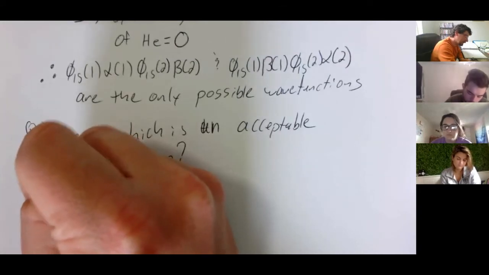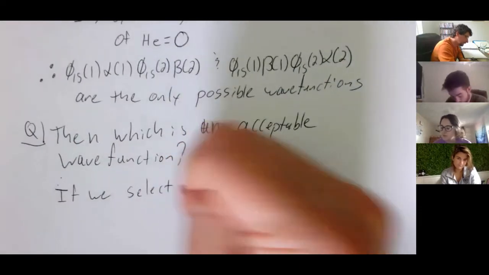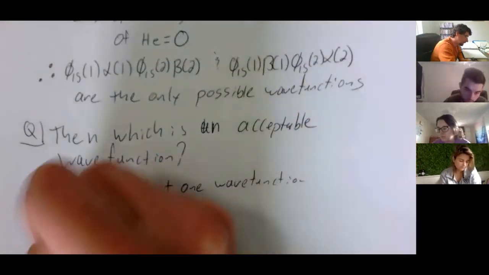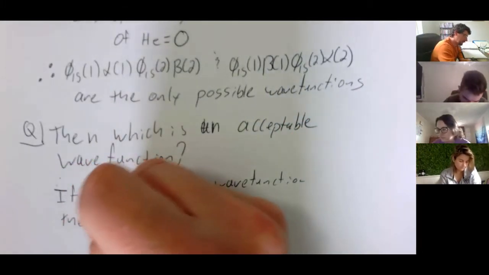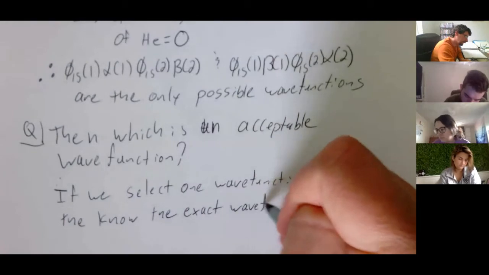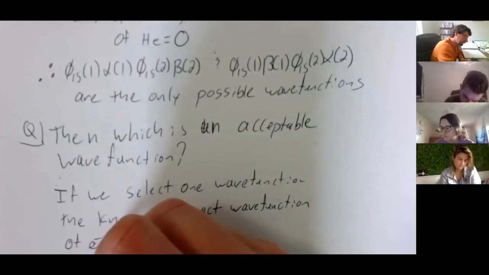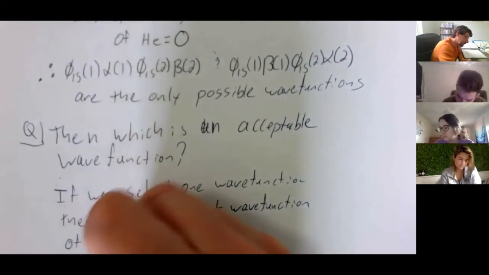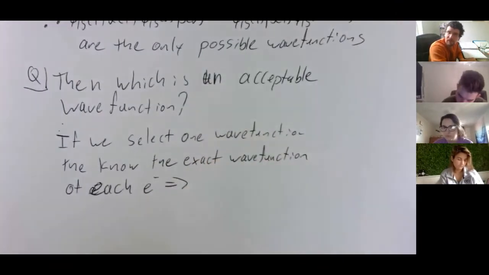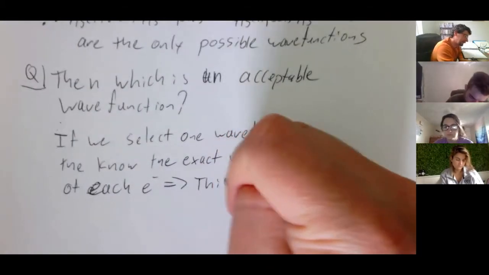If we select one wave function, then we know the exact wave function of each electron, and we can't do that. The electrons have to be indistinguishable from one another. So therefore, this is impossible.